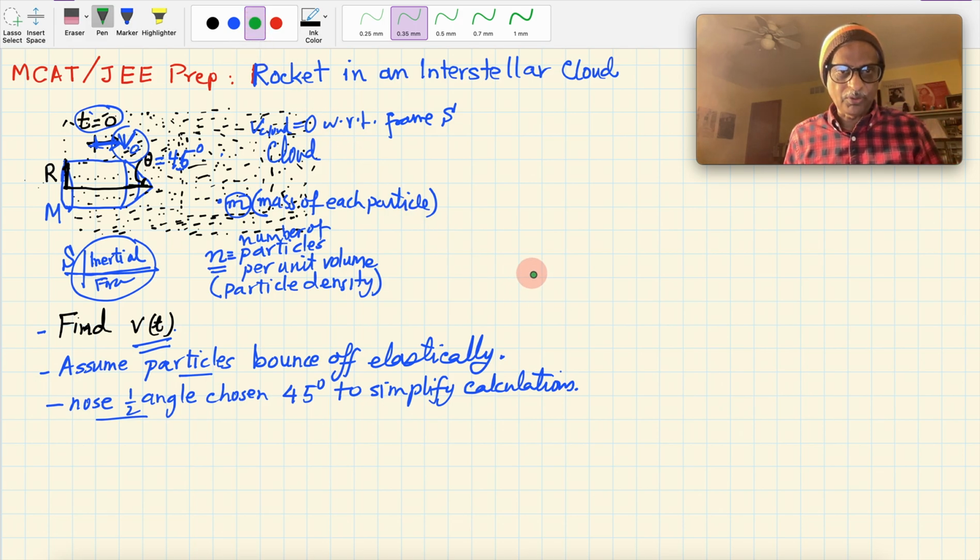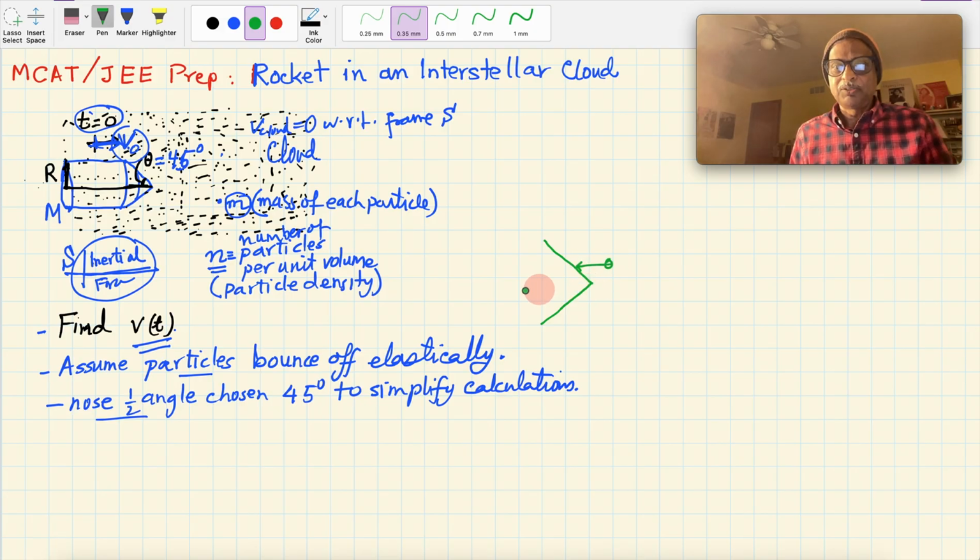So let's draw a little bit of a picture of what will happen at the nose. So 45 degrees will look something like that. So this is the nose, and say a particle comes in. Now this is in the frame of the rocket. In this frame, the rocket is at rest, and the cloud particle is moving towards the rocket.